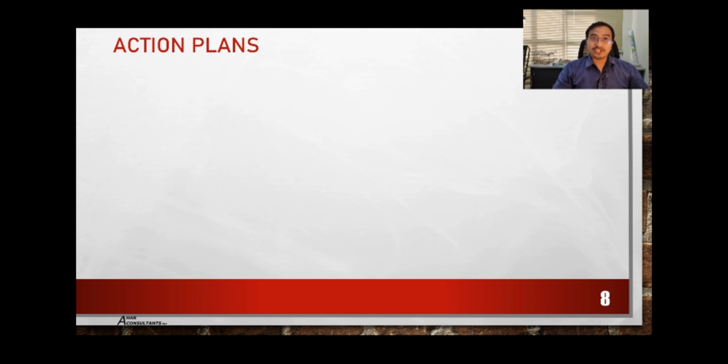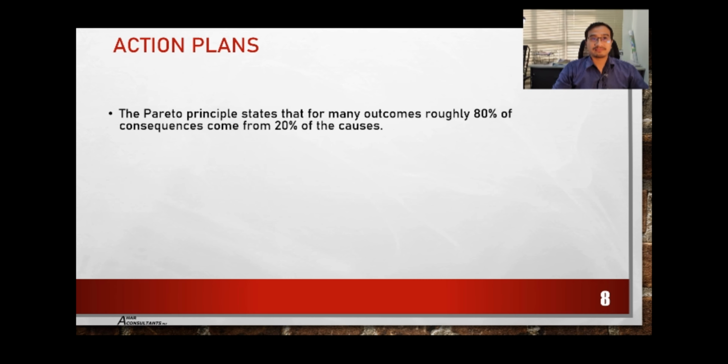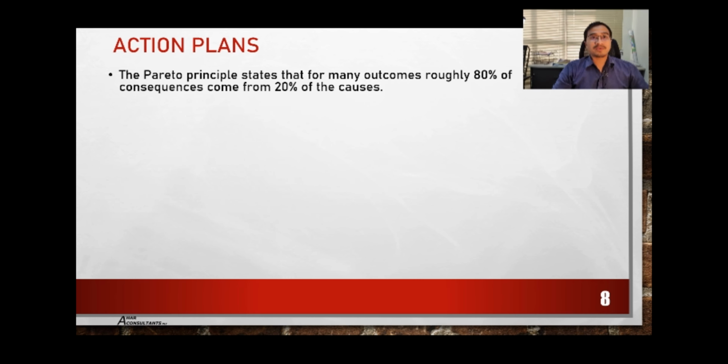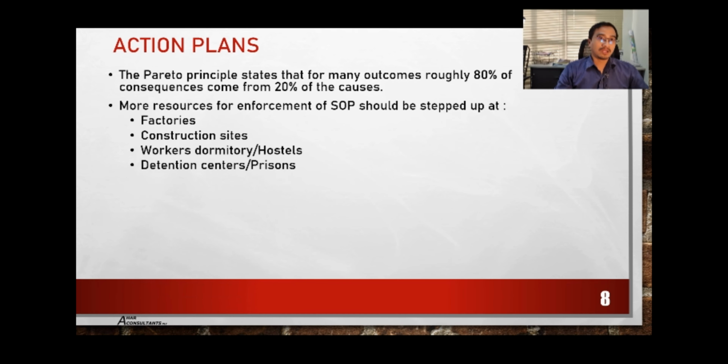So, what should be our action plans to curb this infection? The Pareto principle states that for many outcomes, roughly 80% of consequences come from 20% of the causes. Therefore, priority should be given to the highest contributor of the cases, which is the workplace.